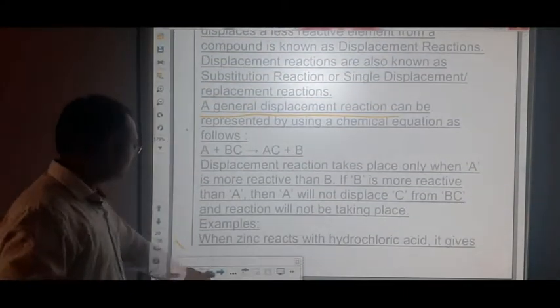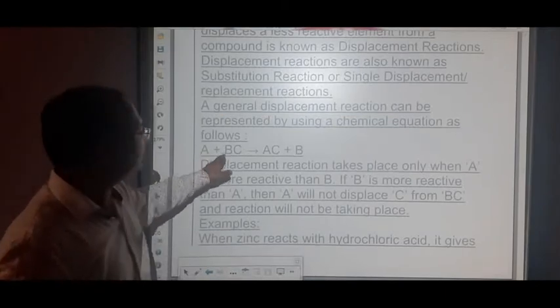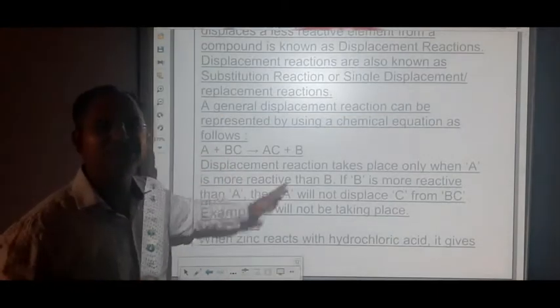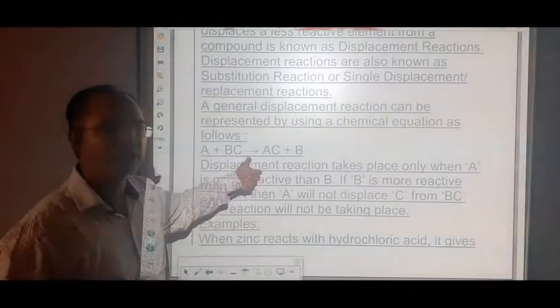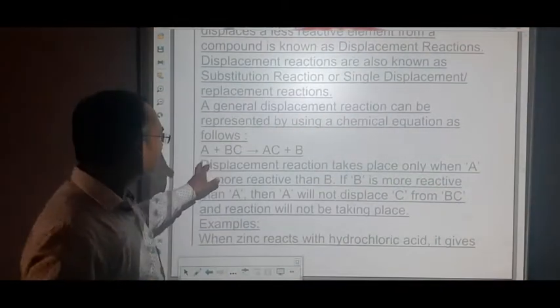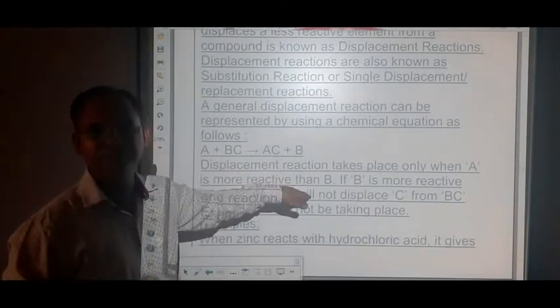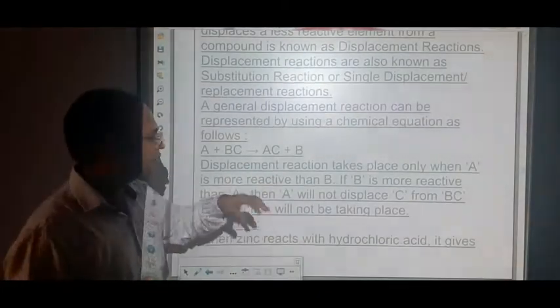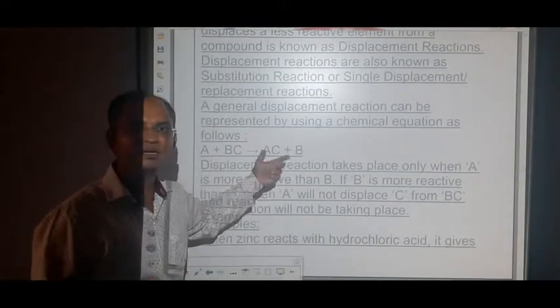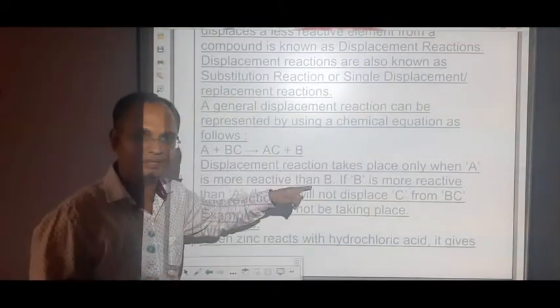If we talk in a general way, A plus BC: A is reacting with BC, and in the product A is replacing B. It means, students, A is more reactive than B. That is why the products formed are AC plus B.